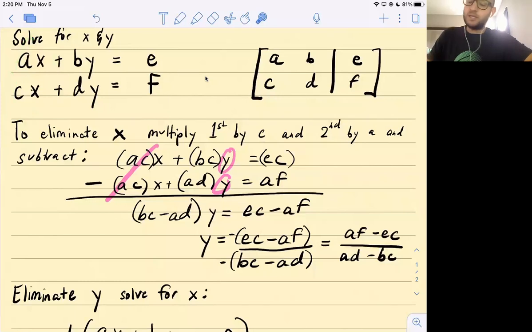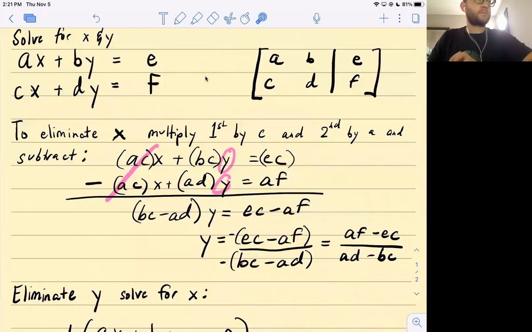I think Lily suggested multiplying the entire equation by C, and multiplying the bottom one by A, which would make them both have AC as a coefficient. So when you subtract, they would cancel. Oh, okay, good, cool. Is it okay now?